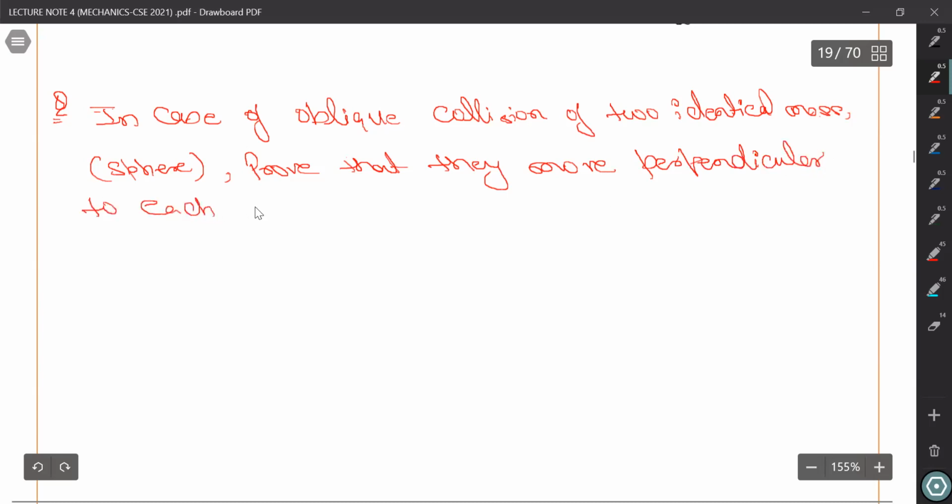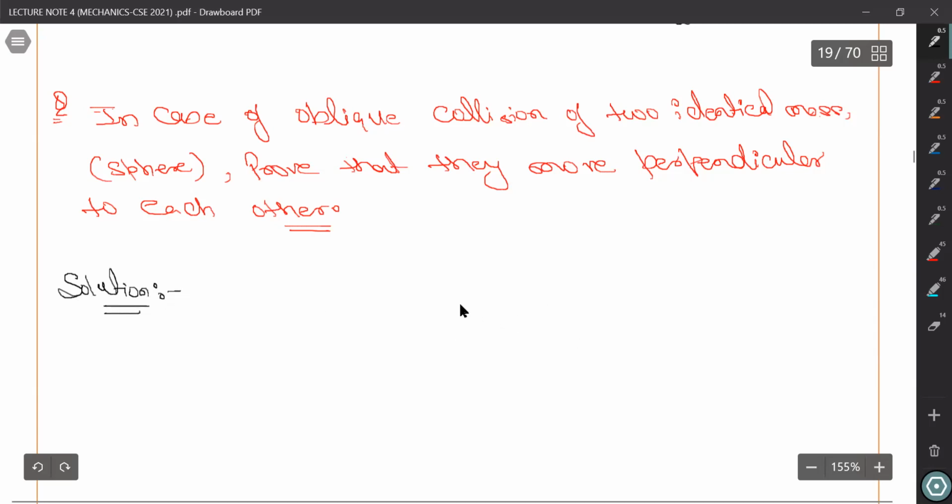And this is very important when we read about scattering, especially when one object is at rest.